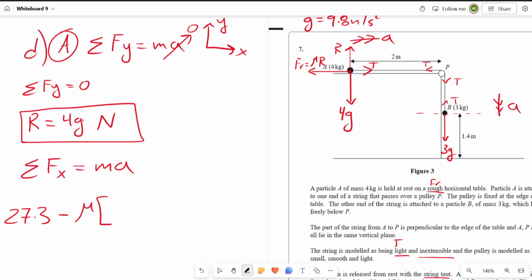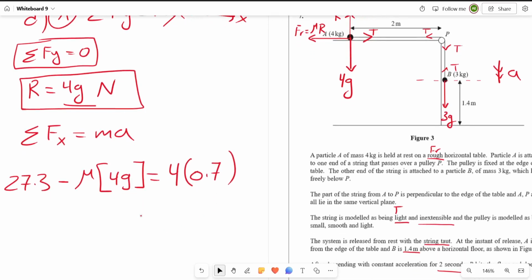That's why I always encourage my students to do the sigma Fy first, because you're always going to get something regarding the normal force that you're going to use in the other equation. This is how I always solve. So R here, instead of R, I'm just going to put in 4g. So mu times 4g is going to equal the mass of A, which is 4 kilograms, times the acceleration of A, which is 0.7.